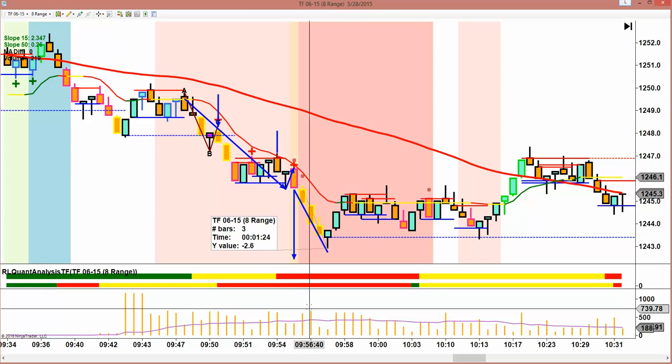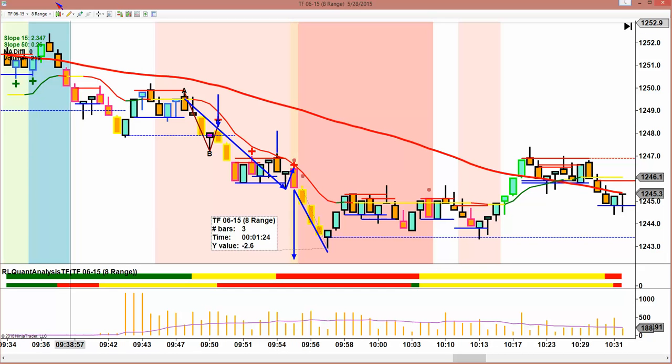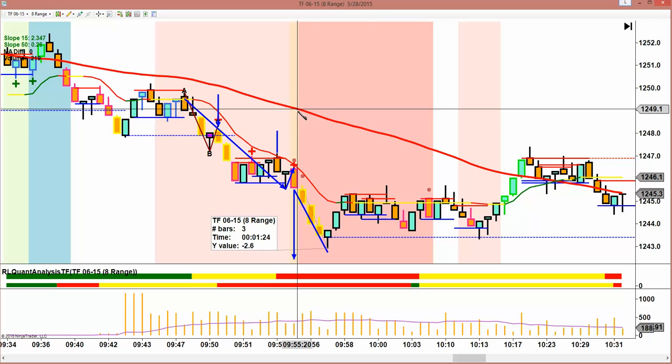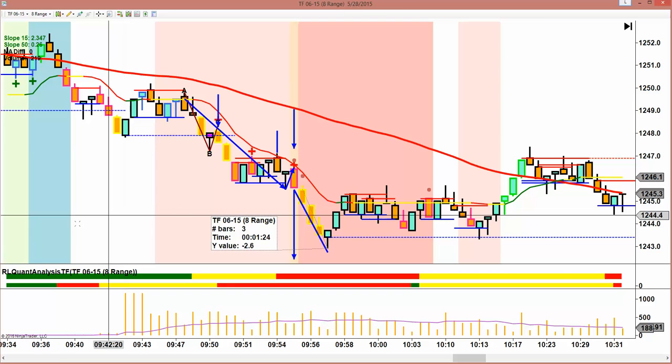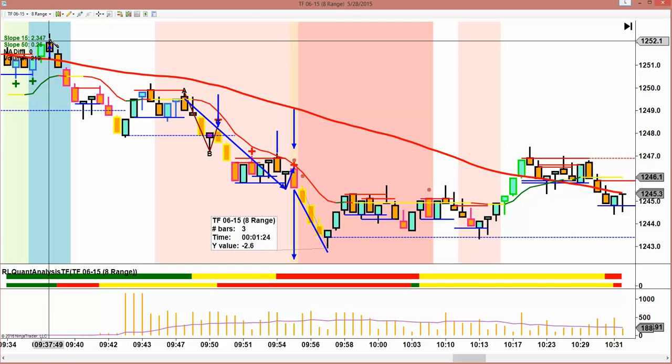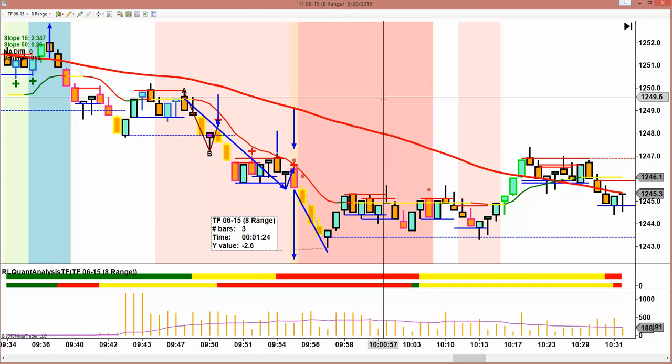So what we're going to do is you're going to get the alert on the dual reds only if price is below the 50. And you're going to get an alert on the dual greens if price is above the 50. So what you can do is you can have charts. Basically, if you want to be really aggressive.